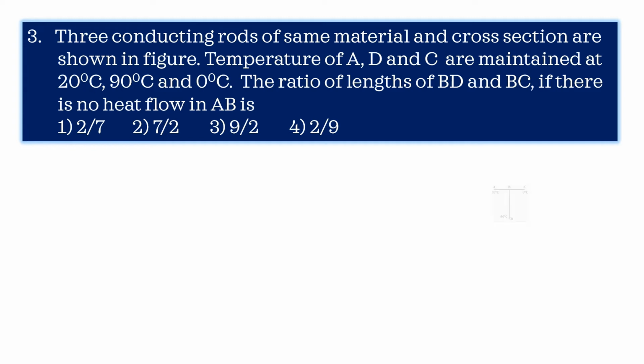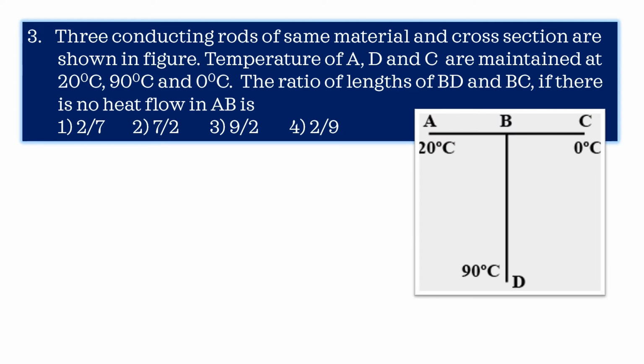See this figure, three conducting rods of same material and cross section. Temperature of A, D and C are maintained at 20, 90 and 0. We have to find the ratio of lengths of BD and BC. The condition is that there is no heat flow in AB.